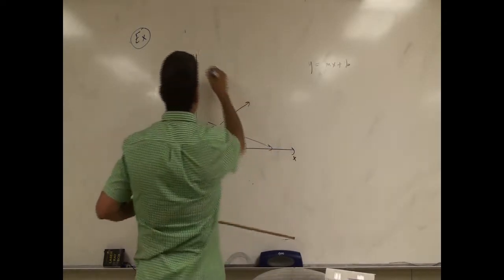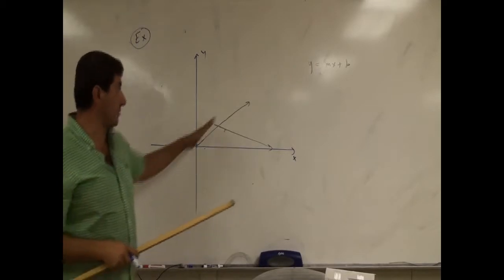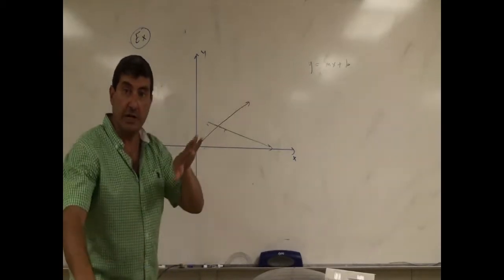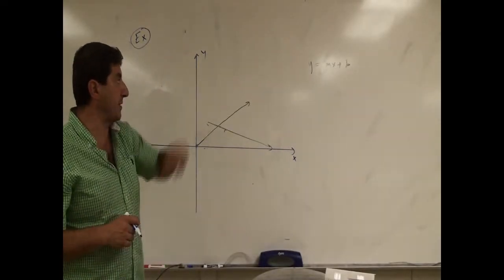So here's my xy axis. So what would be the equation governing the direction of travel of the original beam in the glass plate? We could model that as y equals mx plus b.